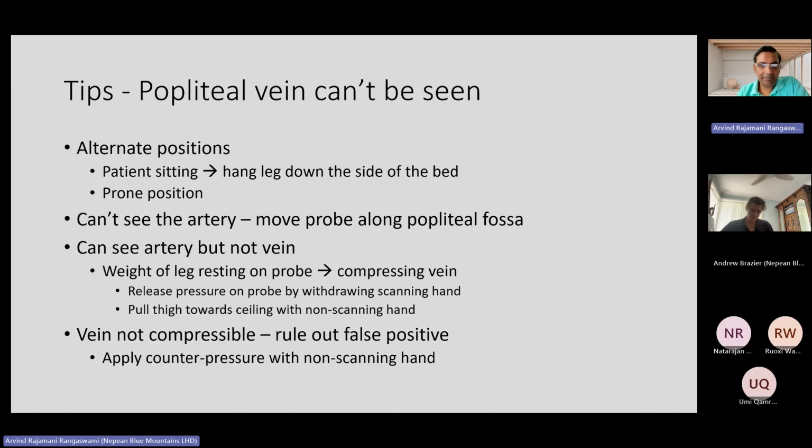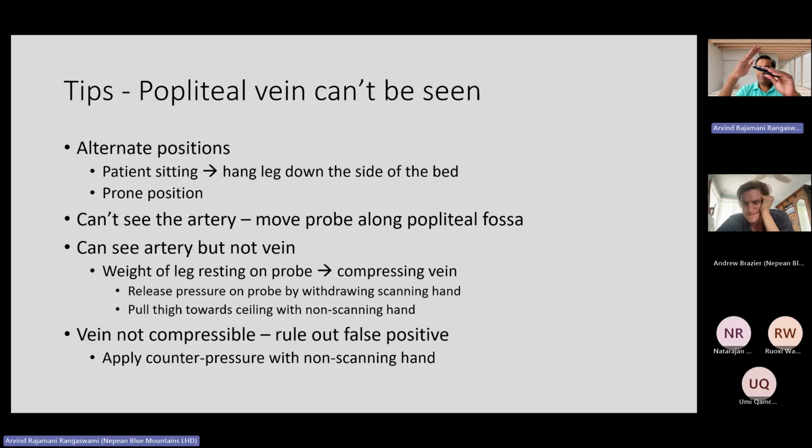Okay, so if the vein is not compressible, then one problem might be, particularly in thin individuals, that you're applying pressure but the vein is not compressing. It could actually happen in a normal patient without a DVT. The reason is that as you are applying the posterior-anterior pressure, can everyone see my hand? Okay.